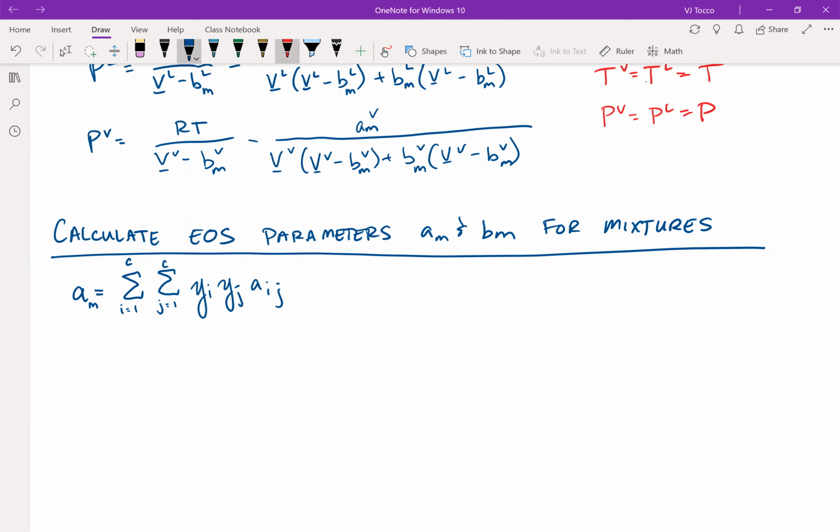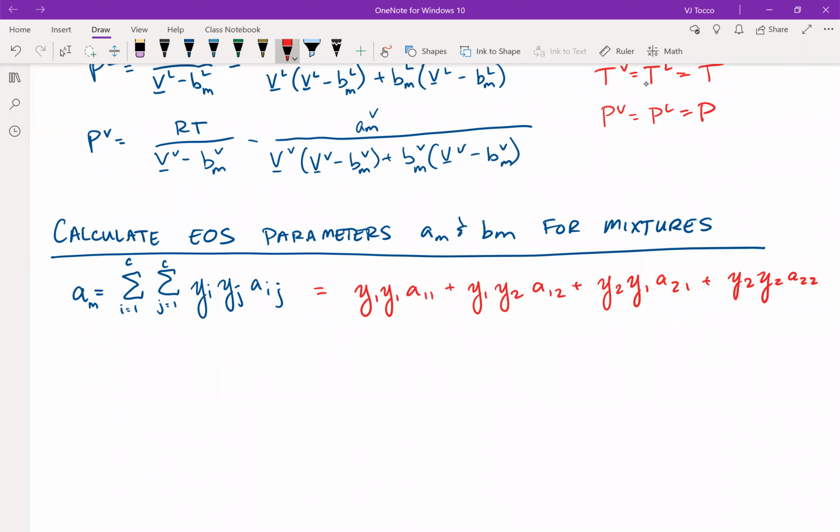And for a binary mixture, if you write it all out, it's y1 y1, so in other words y1 squared times A11, plus y1 y2 A12, plus y2 y1 A21, plus y2 y2 A22.